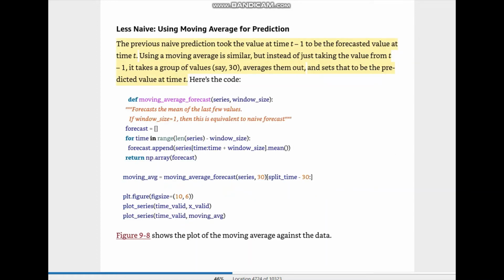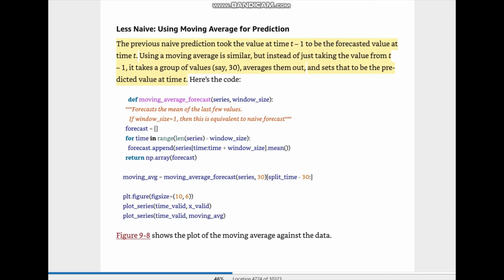That is using a less naive approach, a moving average, for predictions, right? So how can we decrease the errors that we recently calculated? In the previous naive predictions, we took the value at time t minus 1 to be the forecasted value at time t.